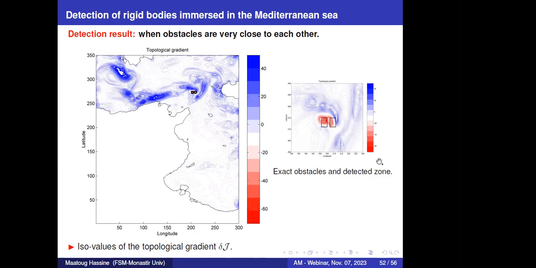Here we remark that the topological gradient detects only the zone containing the two obstacles. This is the interaction between the two obstacles.